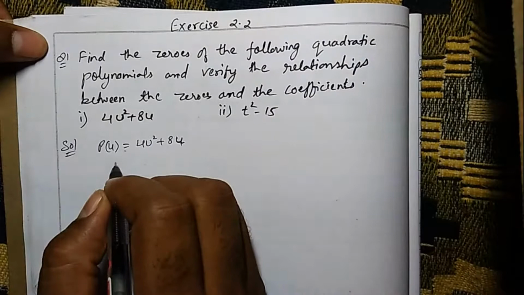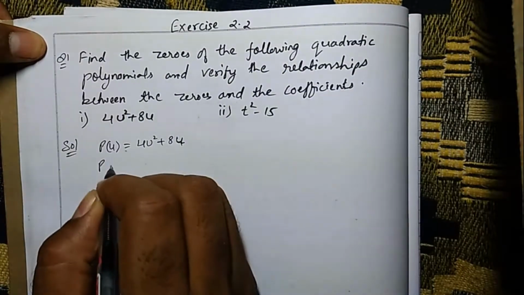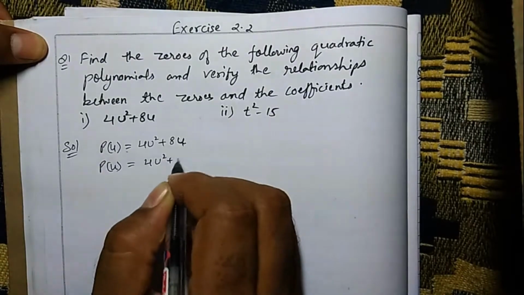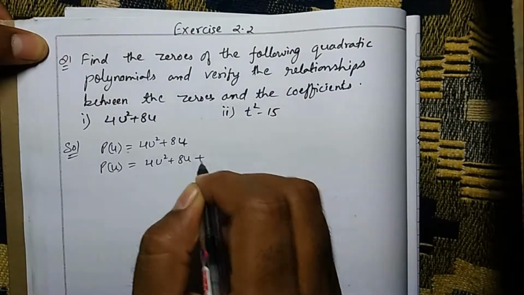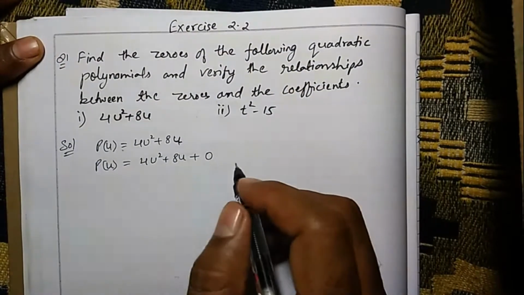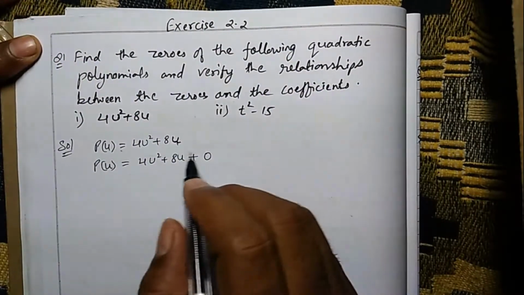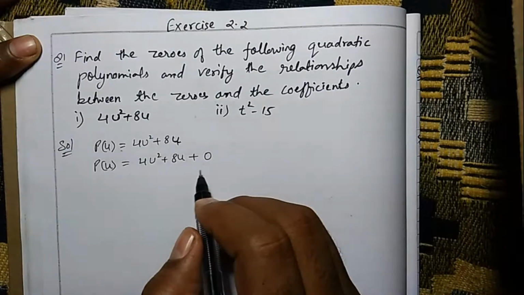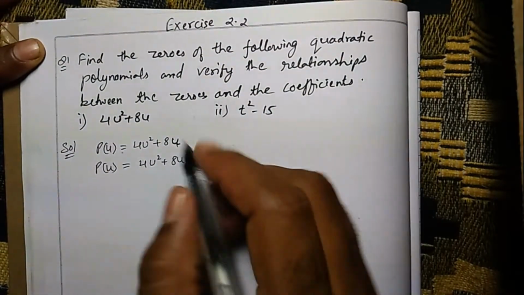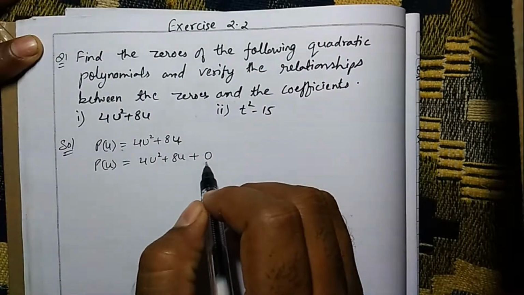Now the standard form of this polynomial will be 4u square plus 8u plus 0, as the standard form of a quadratic polynomial is ax square plus bx plus c. C here is not available, as a constant is not available, so you can take it as 0.